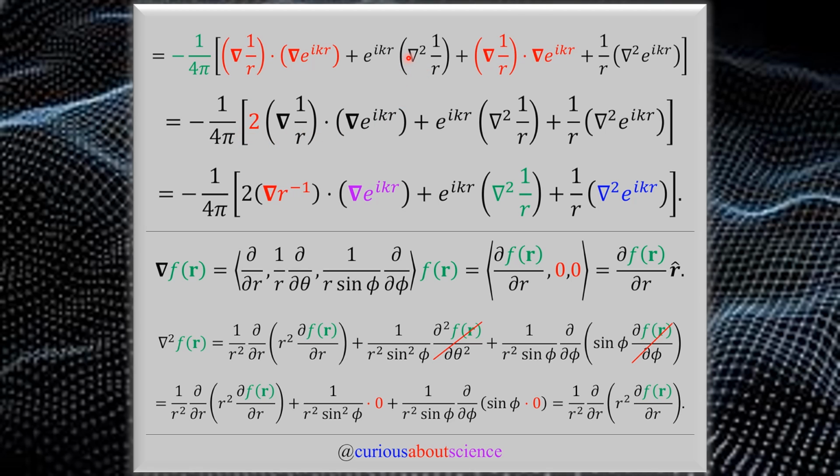Del dot del gives us the Laplacian, so we have a Laplacian here and here, so we'll put those to the other side. Now, again, what we're going to do is put this in the derivative-centric manner. So that's the negative 1 power instead of 1 over r. We're going to leave this one alone because this was the given hint, okay?